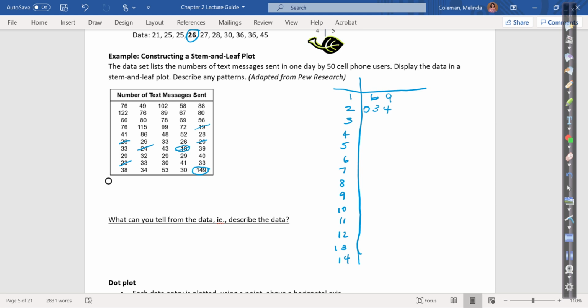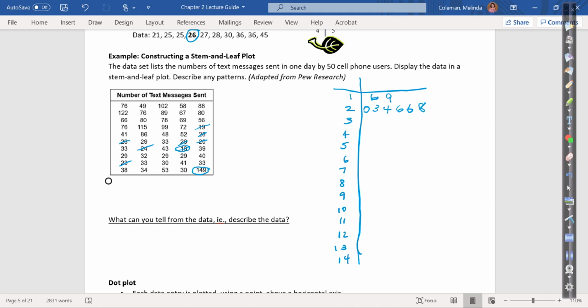So as we list 26, we are going to write 6 twice, because we had two 26s. Yep, there it is, 26. Then after both 26s, the next number would be 28. And 28 is right here.